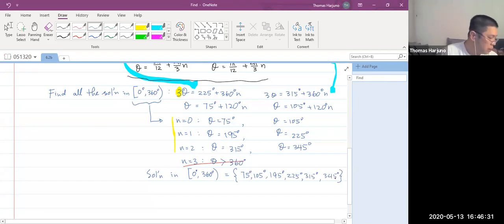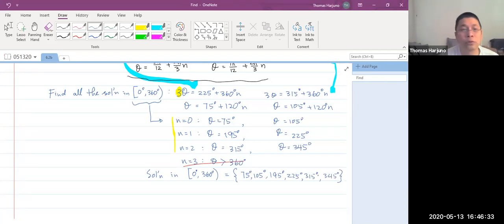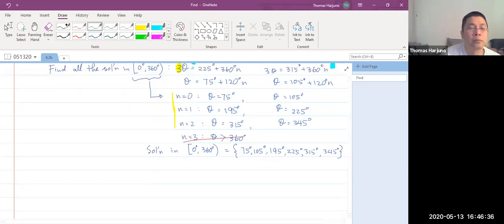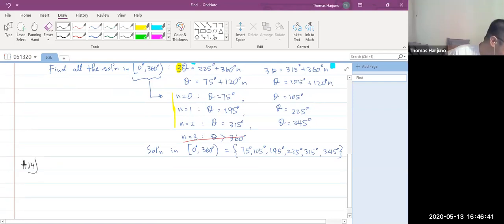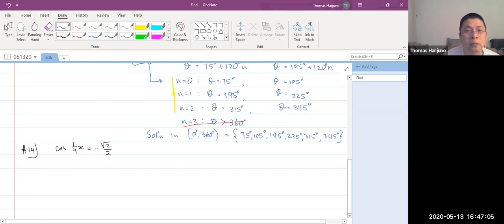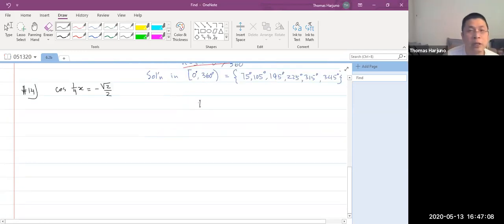Now, using the same idea, let me ask you to try number 14. Cosine of one-fourth x equals negative radical 2 over 2. Just get the general solution. And if possible, number 16 too.